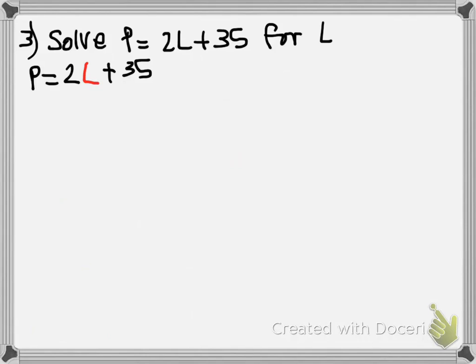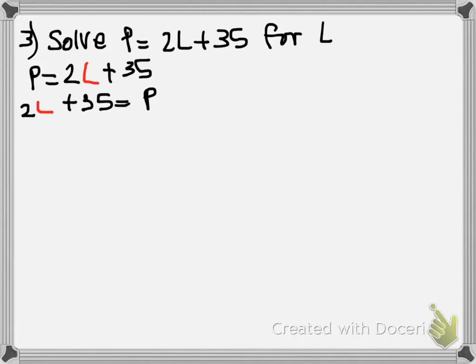Okay, so what would be a good first step in getting the red L all alone? Kyle. Use the symmetric property. Okay, flip it around. I like that idea. Get the variable on the side that he belongs. Okay, next, Ryan.